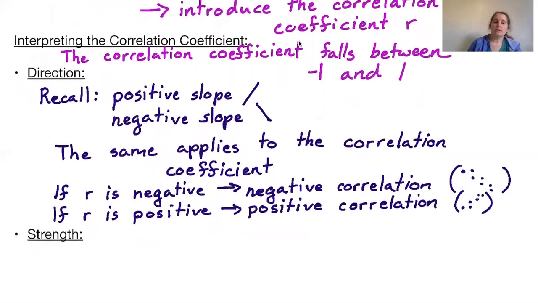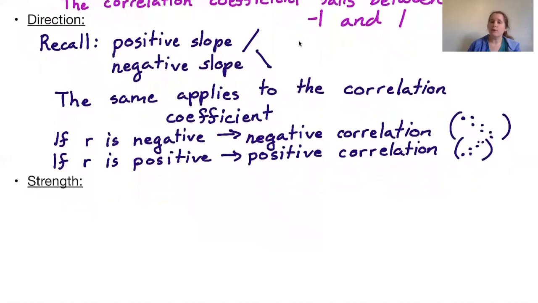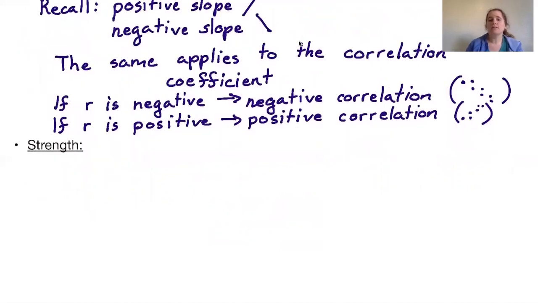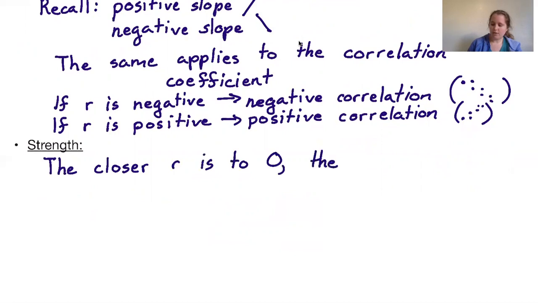R also tells us the strength, the main reason we want to have this correlation coefficient. The closer to 0 the correlation coefficient is, the weaker the correlation. So the closer R is to 0, the weaker the correlation.